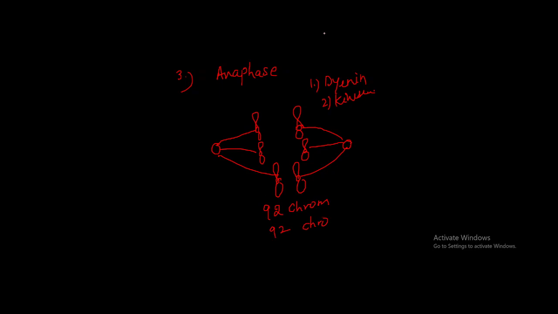Because in the metaphase, when they were like this, they were 46 chromosomes and 92 chromatids, but now they are moving away. The centromere is present in both the chromatids. So what will happen? There will be 92 chromosomes and 92 chromatids.